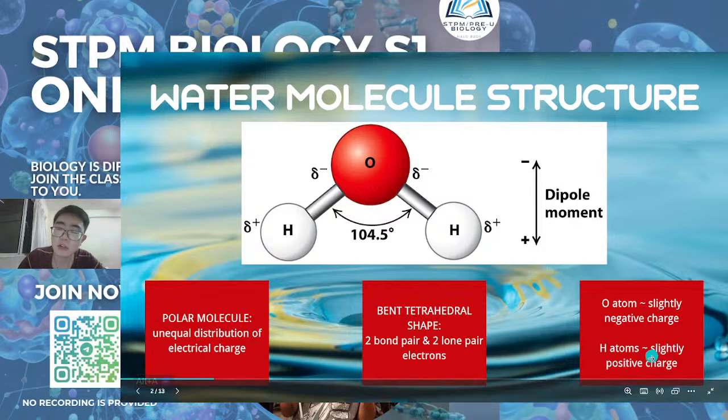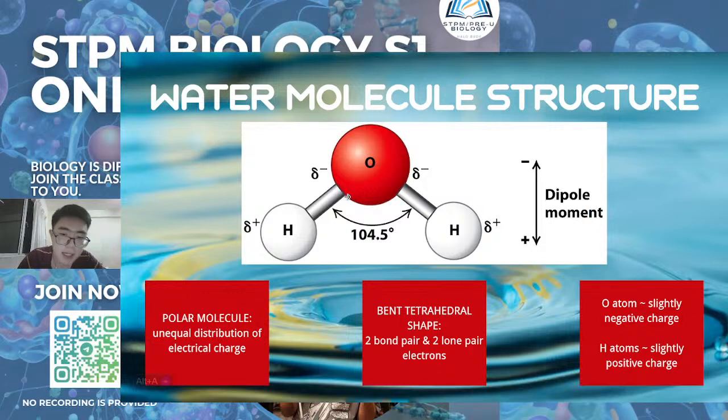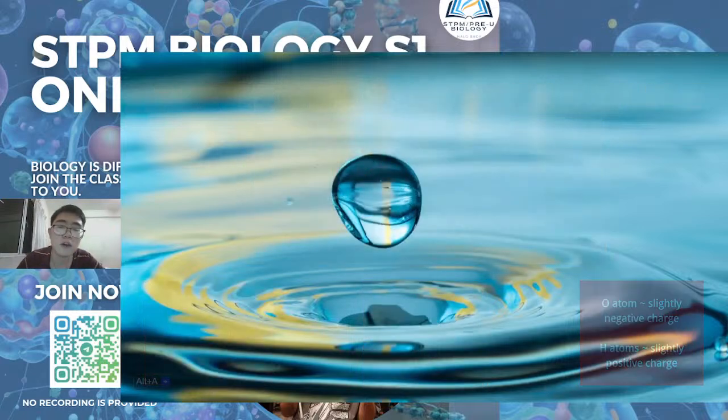So the hydrogen atom is slightly positively charged. This is just the general structure of the water molecule. Although it is very easy, I hope everyone can memorize it. It is very simple. And the bond angle of the water molecule is 104.5 degrees.